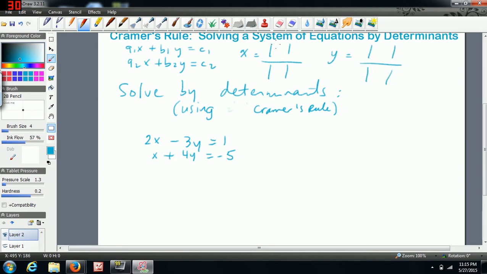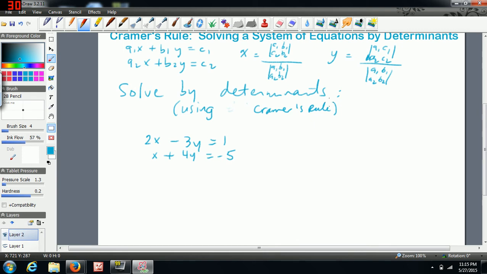So x was the determinant of c1, c2, b1, b2, over the determinant of a1, a2, b1, b2, and then y was the determinant of a1, a2, c1, c2, over a1, a2, b1, b2.